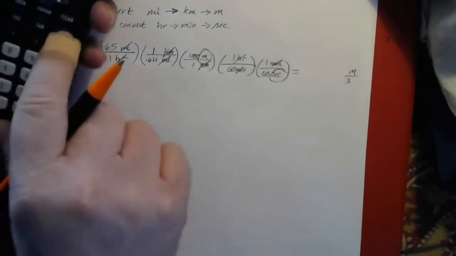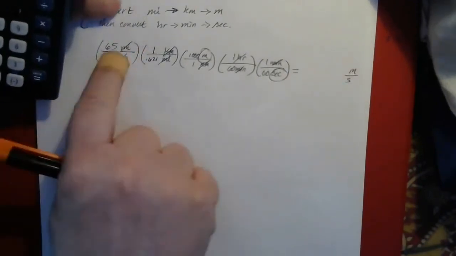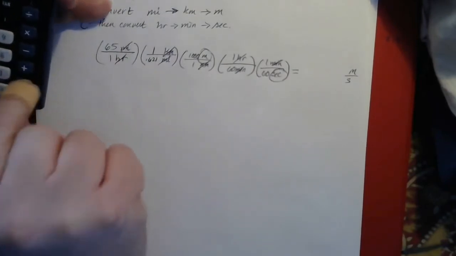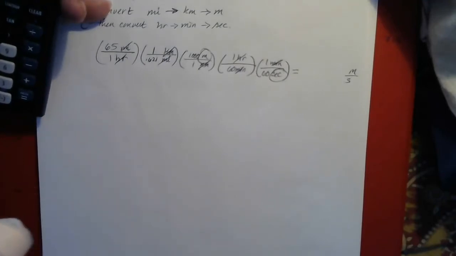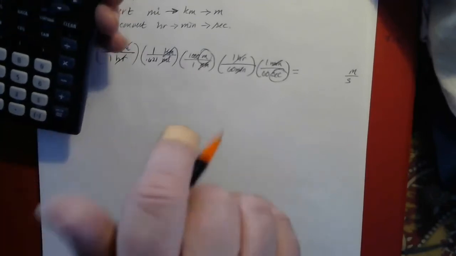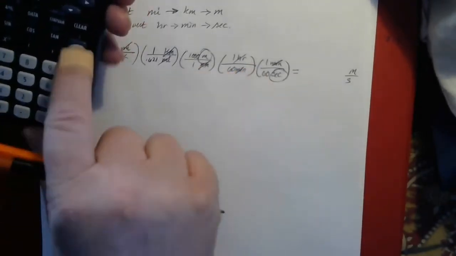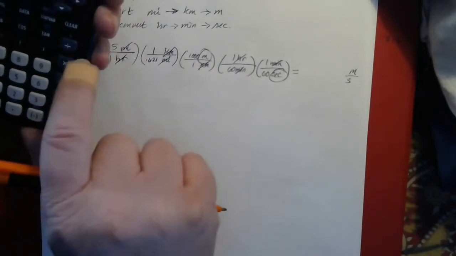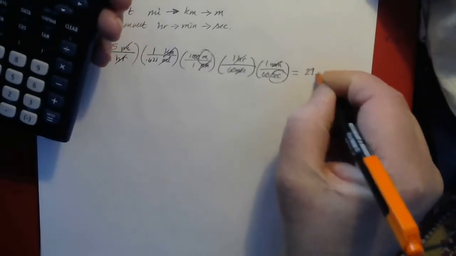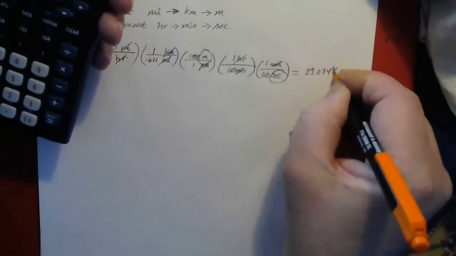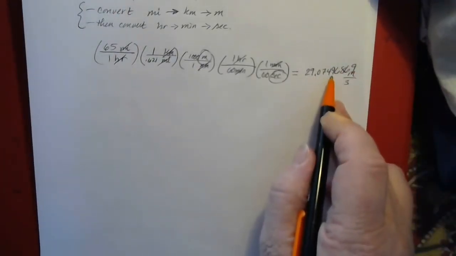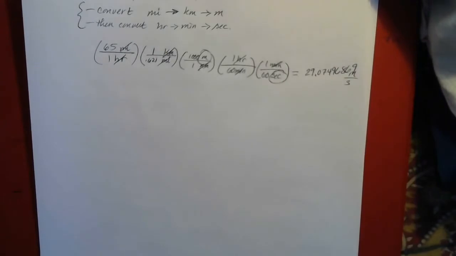For the number, all we need to do is take 65 divided by 0.621, and that equals 104.669, blah, blah, blah, times 1,000 equals, divided by 60 equals, divided by 60 again equals 29.07496869.